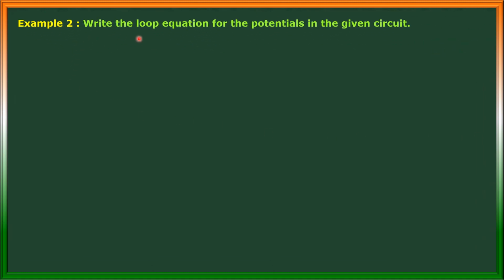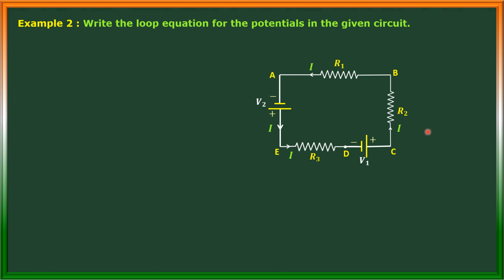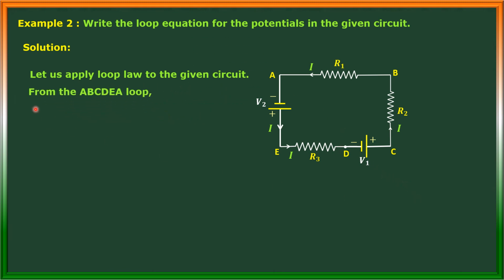Here is another example, example 2. Write the loop equation for the potentials in the given circuit. So this is a circuit. We have to write the loop equation for the loop A, B, C, D, E, A. Solution. Let us apply loop law to the given circuit for the A, B, C, D, E, A loop.